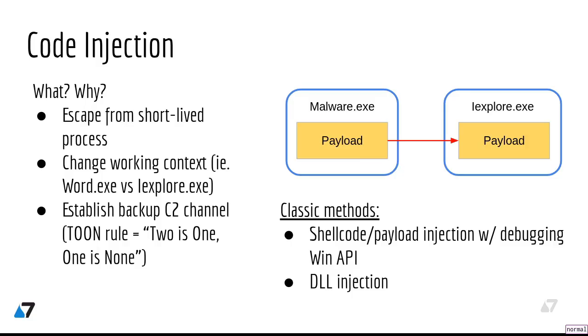And from an OPSEC perspective, it's not the best idea because Word.exe is not a usual program which talks to the internet. Okay. So what you might do instead is to first migrate to some more legitimate process like a web browser, like Internet Explorer, and then download your payload from the control server.